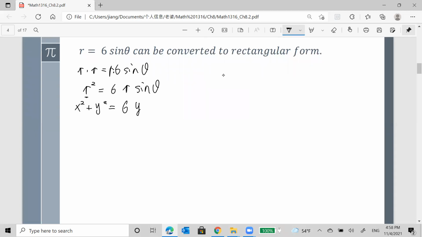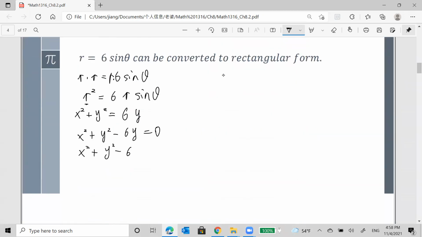So I can move the 6y to the other side: x squared plus y squared minus 6y equals 0. When you see this kind of form, that's a circle. If I want to complete the square, I need to add something. Add what to x squared plus y squared minus 6y?